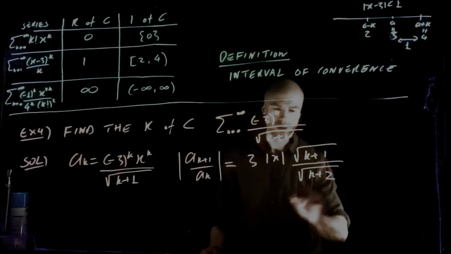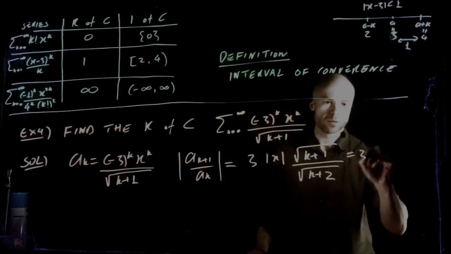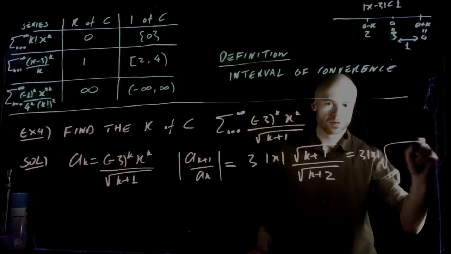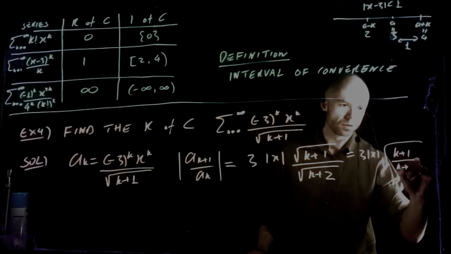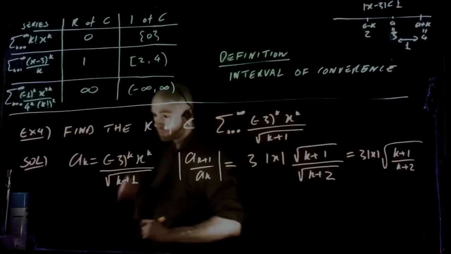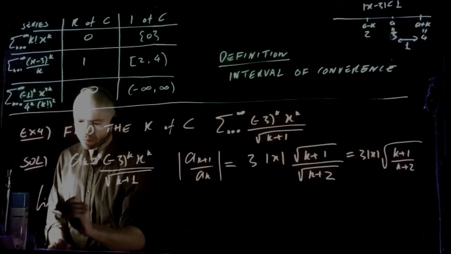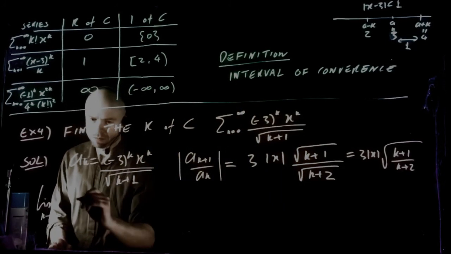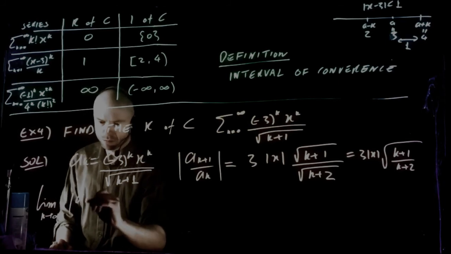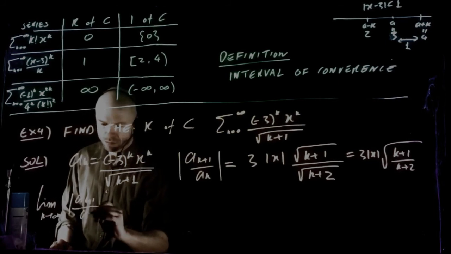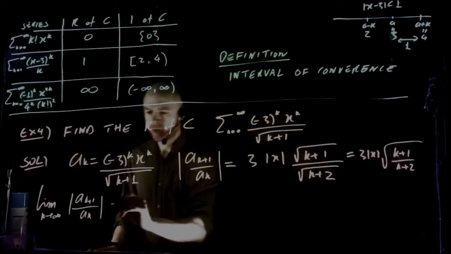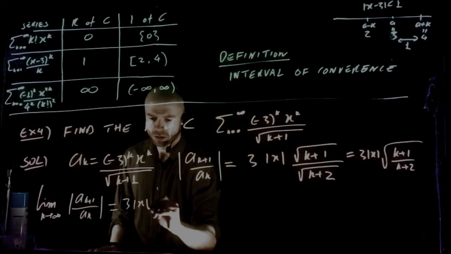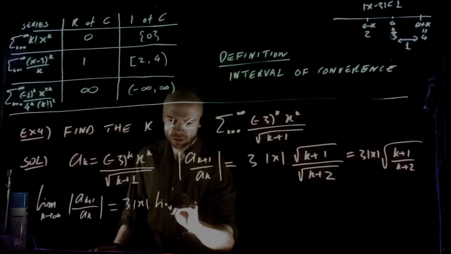Okay, which we can write as 3 mod x times the square root of (k plus 1) over (k plus 2). If we consider the limit of this thing, again, the x is not important, just pull it out. And then we have the limit of this.